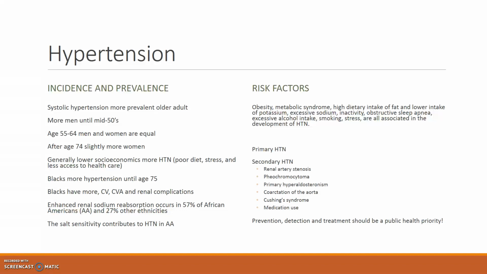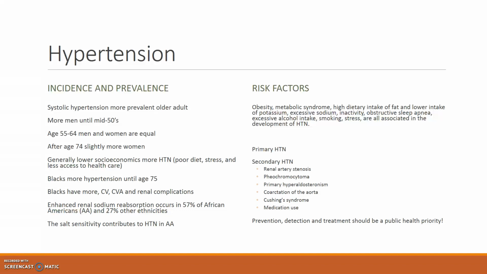Generally, unfortunately, we see lower socioeconomics impacting blood pressure, and we attribute those to a poor diet, stress, and less access to health care. Black African Americans have more hypertension until about age 75. They also have more cardiovascular disease and stroke and renal complications.